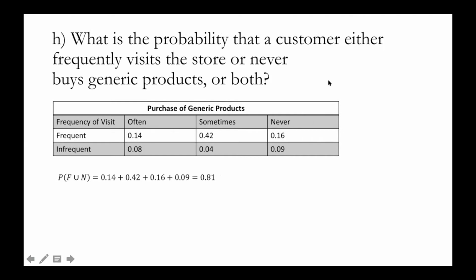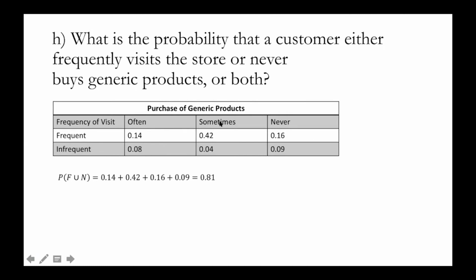What is the probability that a customer either frequently visits the store or never buys generic products, or both? So then you want to calculate the union between being a frequent visitor, frequent shopper, and never buying generic products.